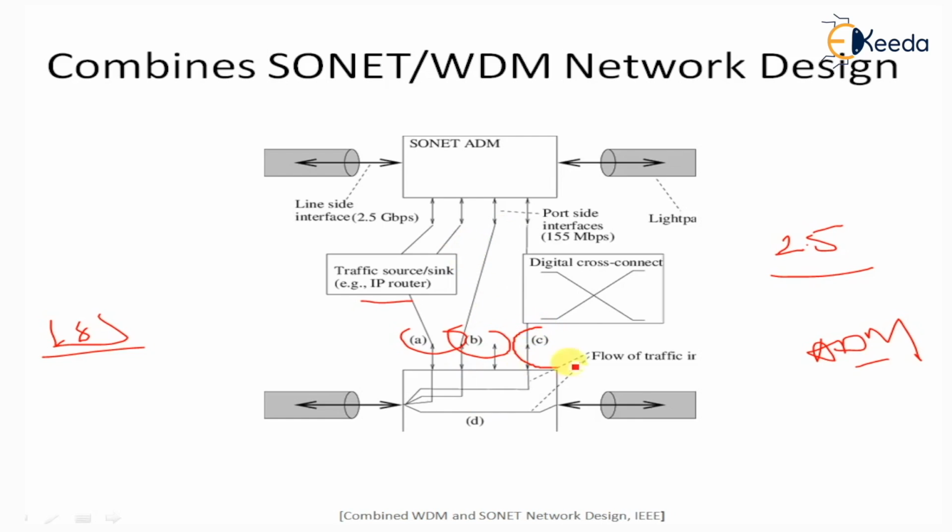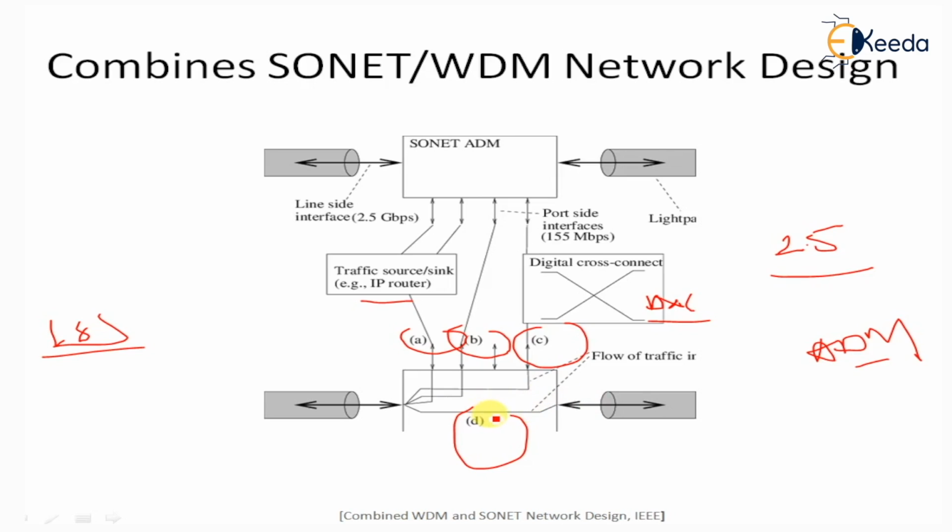Case C: cross connecting the interfaces via OXC, also known as DXC, digital cross connect. And the last one, case D: passing a traffic stream through the ADM without dropping it.